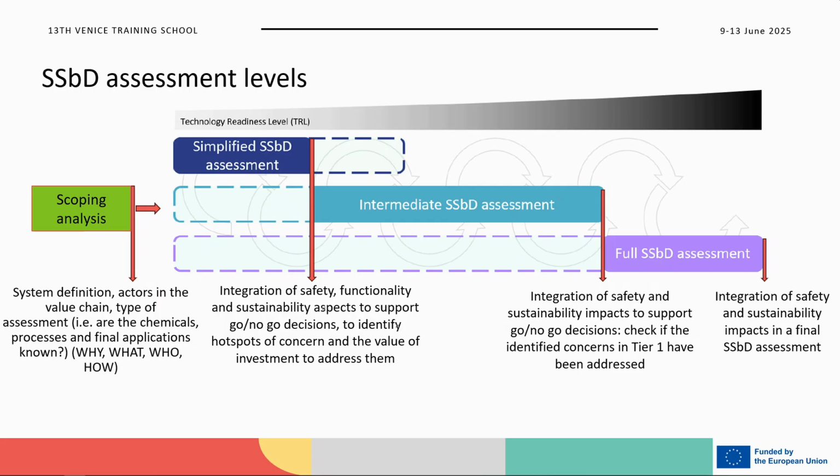Later on, according to the data availability and the stage of development of the material or chemical under assessment, you have different levels of assessment. There is an initial, simplified one, whose objective is the identification of hotspots and concerns, but also the evaluation of a higher number of alternatives in order to kill those that are not performing well, because this means saving cost.